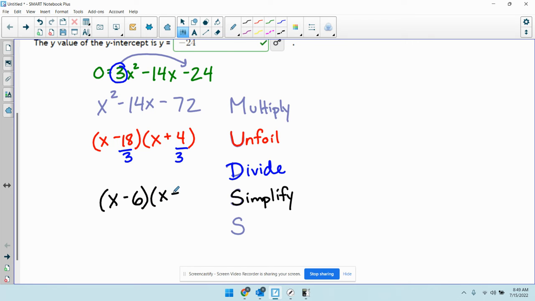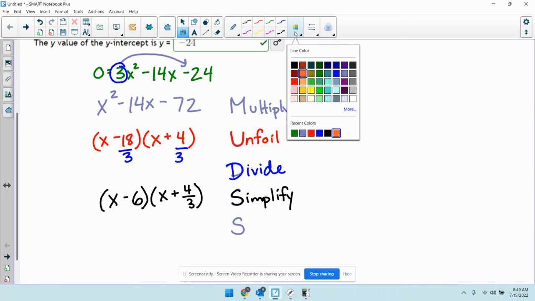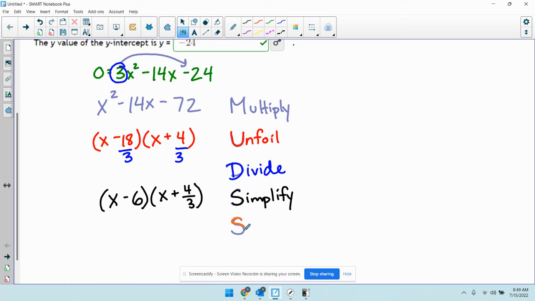And then this one doesn't reduce, so we're going to leave that as 4/3. And then lastly, the second S stands for slide, which means any denominator that's left over, we're going to slide to the front of the x. So my final factored form is x minus 6 times the quantity 3x plus 4.